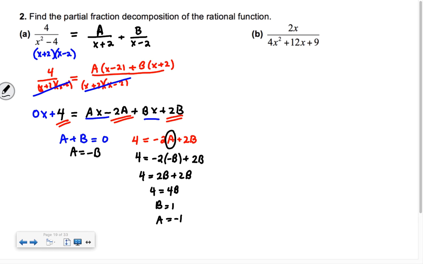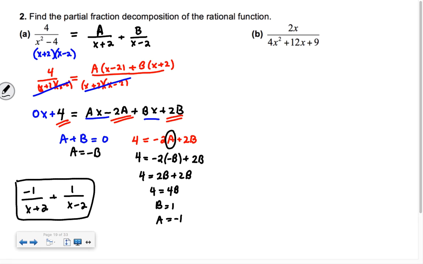So what we've done is we've taken something that looks like 4 over x squared minus 4, and we've written it as what? Go back up there, way back up at the top. How did we write it? A is replaced with negative 1, so negative 1 over x plus 2 plus 1 over x minus 2.